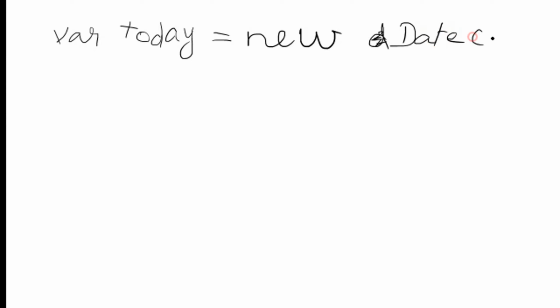Once you create the date, it will assign today's date as well as the time to the current object. So now we have the date object in a variable called today.